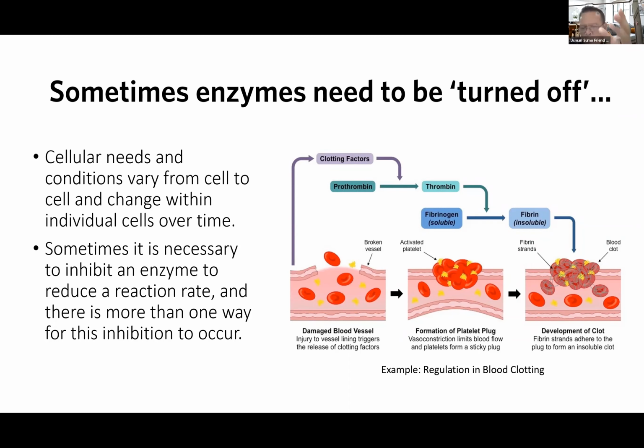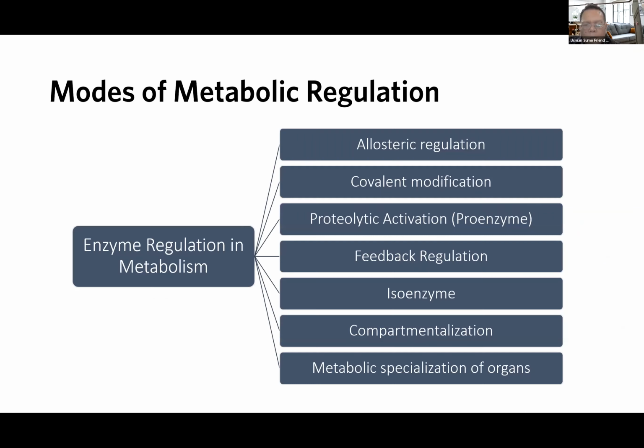This fibrin is a kind of protein that is insoluble. So in discussing this blood clotting, we can see that it happens from the injury of the blood vessel into the development of a clot. So this clot will repair the injury of the vessel. Next.